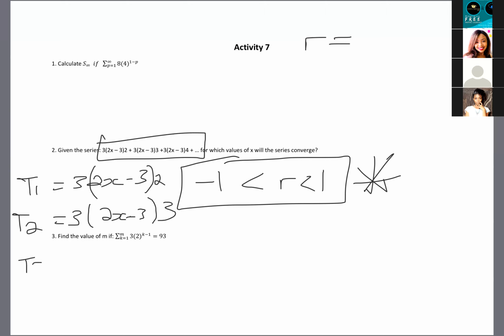And then T3 is equal to 3, 2x minus 3, and then they have a 4. You see that? Yes, ma'am.